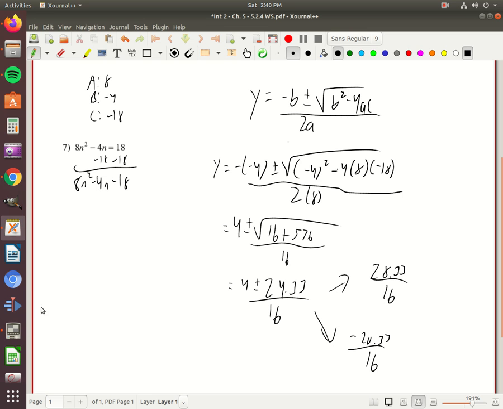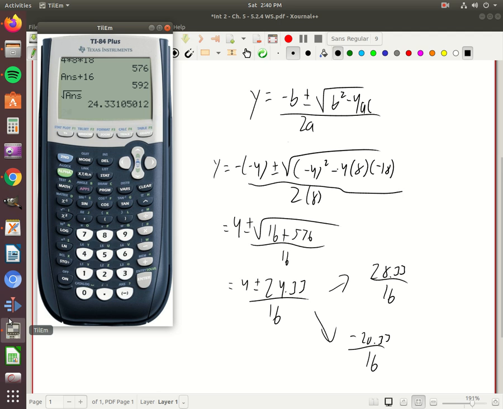And I'll just divide these things out and see what I get. So 28.33 divided by 16 is going to give me 1.77, and negative 20.33 divided by 16. Uh-oh. I used the wrong negative.